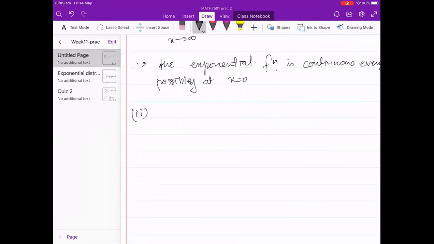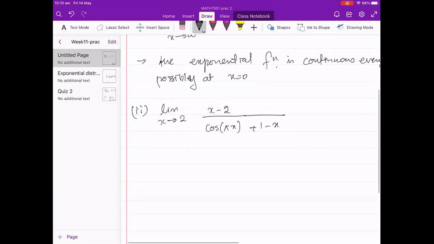The second part is find the limit as x tends to 2 of x minus 2 over cos pi x plus 1 minus x. How would you approach this?